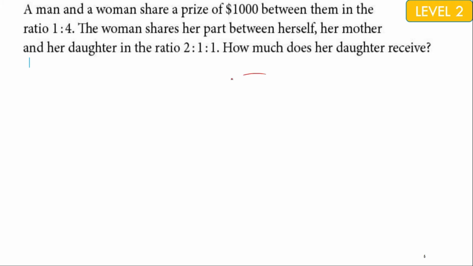So you have $1,000 being divided between two people. It's a man and a woman sharing it in the ratio 1:4. So you have man first and then the woman. So man gets 1 portion and the woman gets the remaining 4.